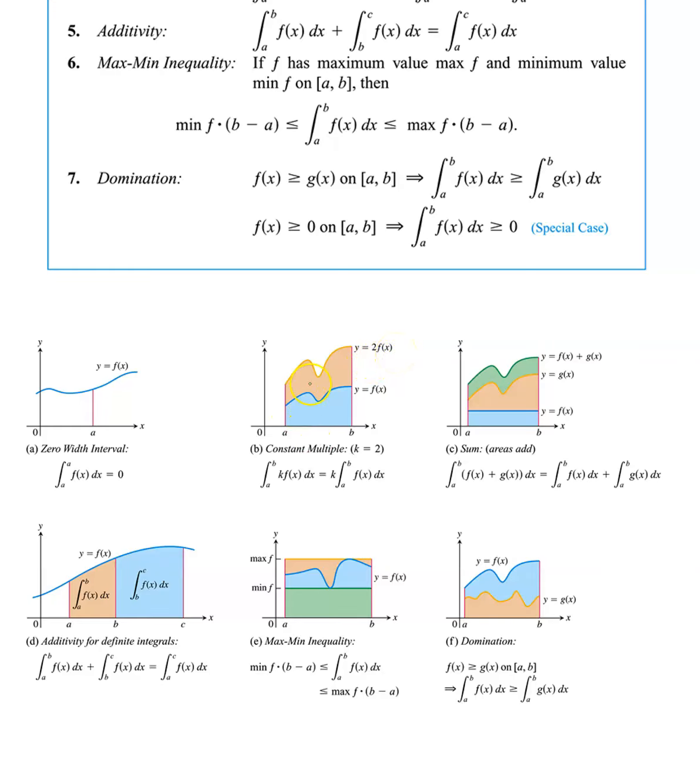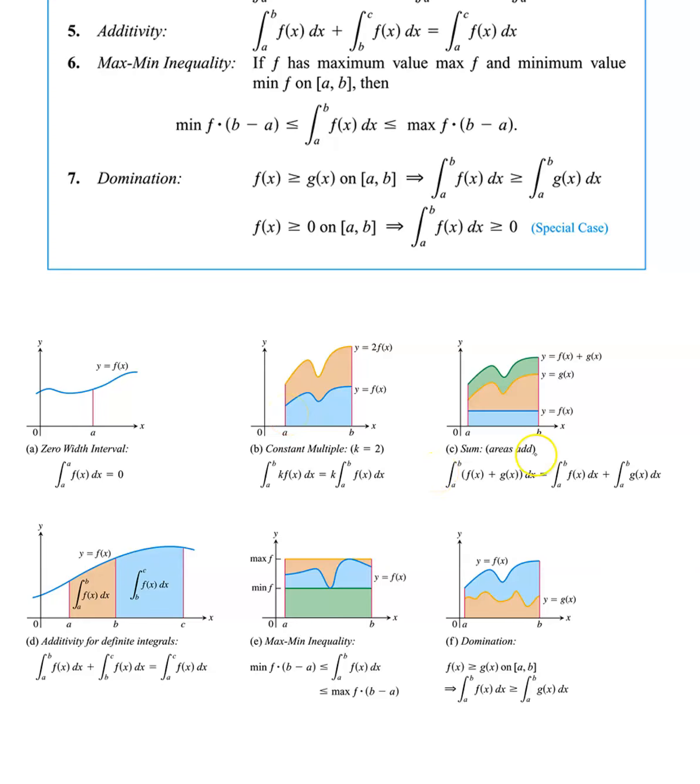So if you went 2 times above, the area under the yellow curve, this whole orange shaded region that also includes the blue, that whole region is the same as the blue region times 2. Okay, that's what it means.